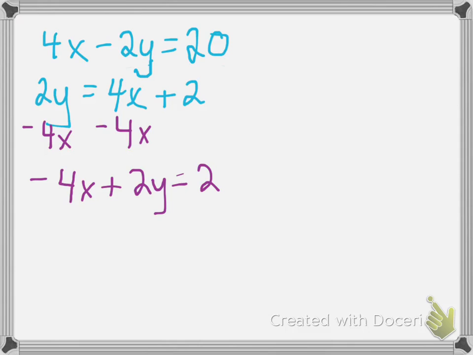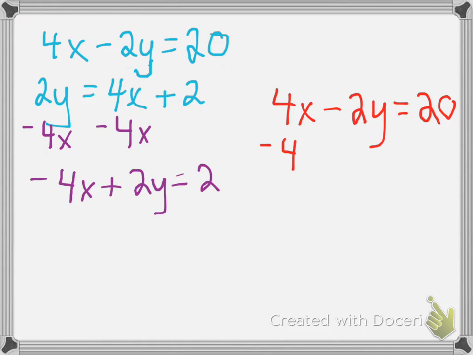So now you want to put your two equations together. The first one was 4x minus 2y equals 20. And your second one, negative 4x plus 2y equals 2.